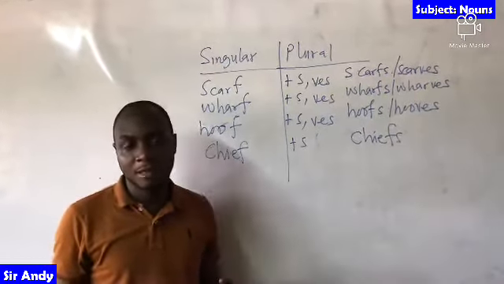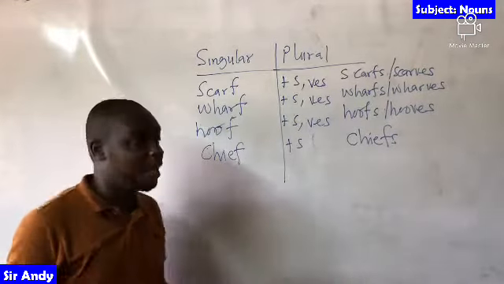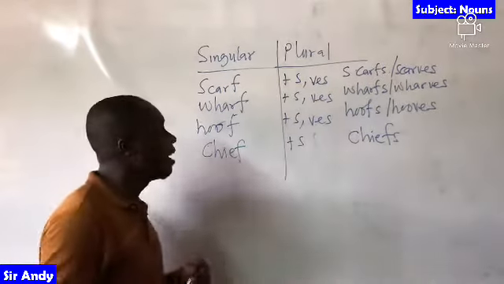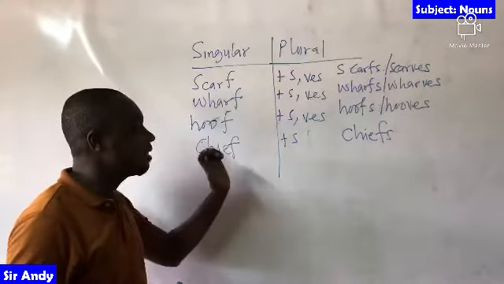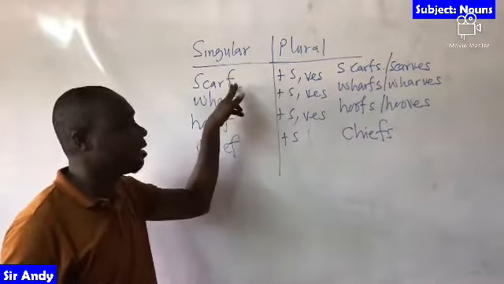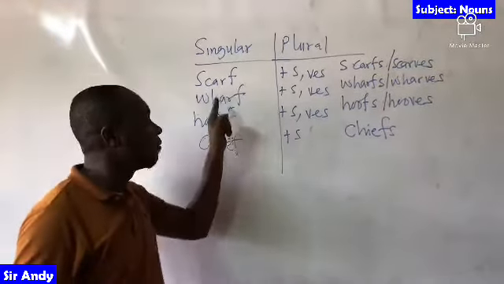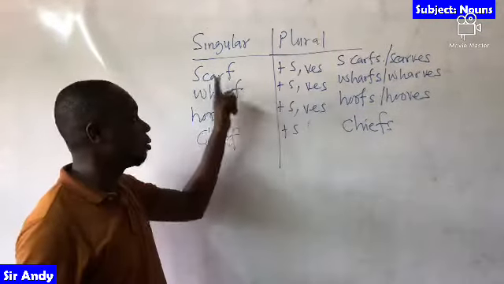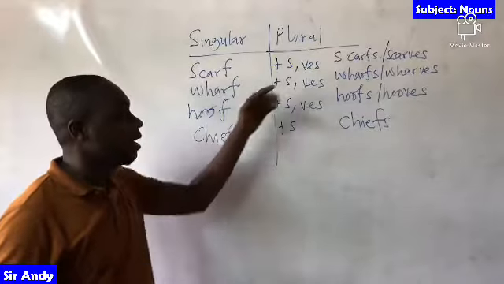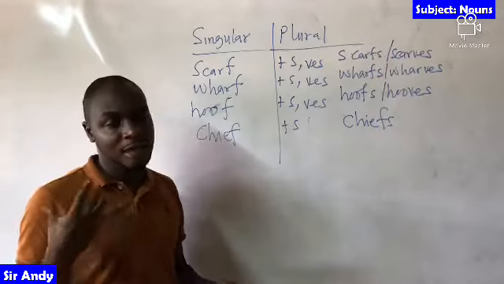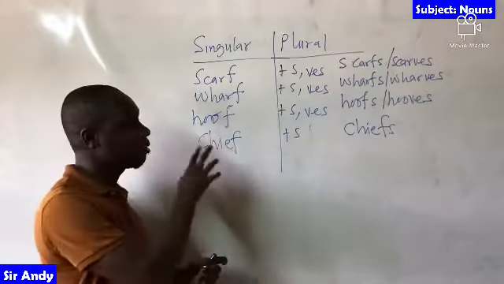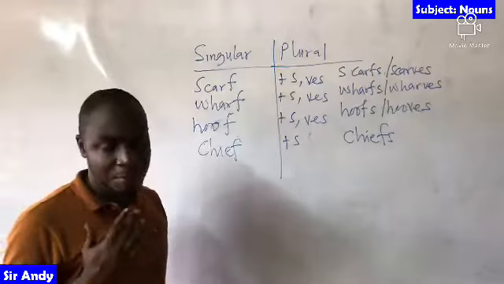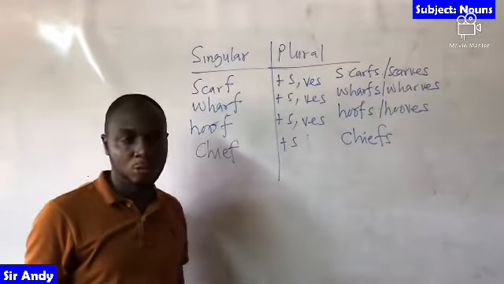This is an exception to that particular rule we just learned. You can add S to the word and the F will still remain, or if you want to add VES to it, then you do away with the F. That one too is allowed. Unlike what we studied earlier, for this one, you can maintain the F or do away with the F, depending on what you want to go for.